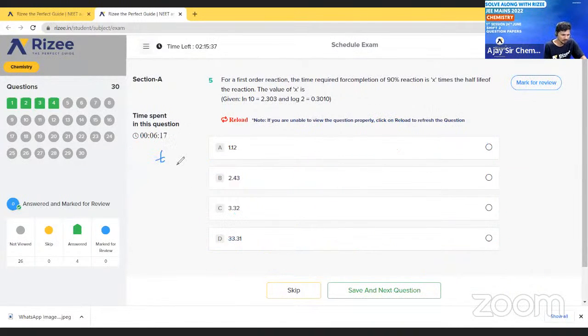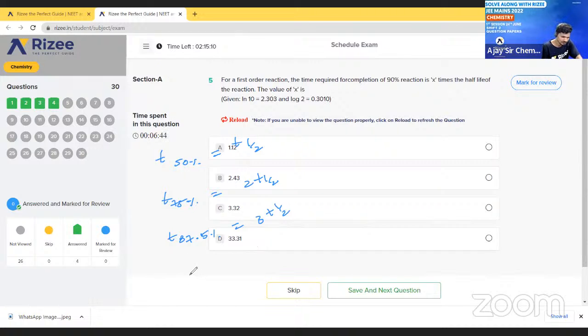See here, for completion of 50% of the reaction, how much time will we take? T half only. Next, if you complete 75% of the reaction, then what is the half-life? 2 T half. If 87.5% of the reaction is completed, then what is the T half? 3 T half.